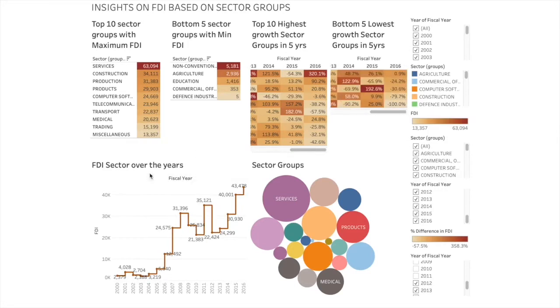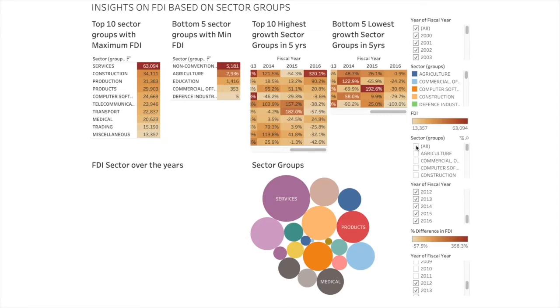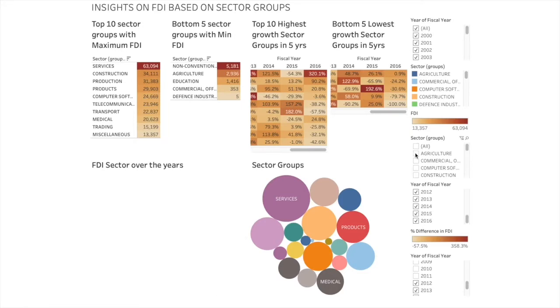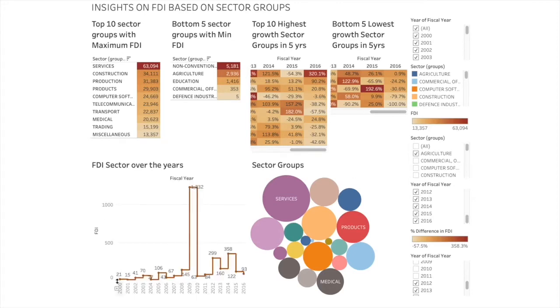From this particular sheet, we can see the FDI sector over the years. Now I can also filter this particular aspect. I have a filter here for this particular sheet. I think it should be here. So the sector groups. Now, if I want to find out just the agriculture group, the FDI trend in agriculture over the years, I can see it over here.